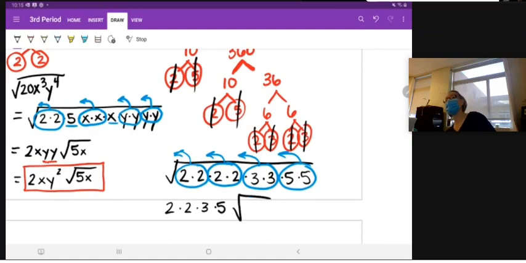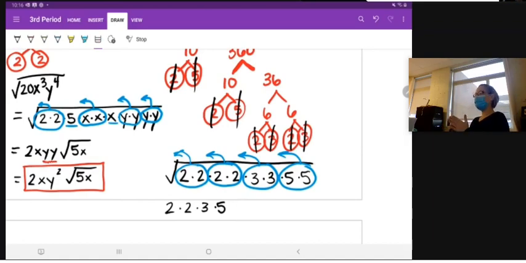And then what's left over in the radical? Absolutely nothing. Technically, there's a 1 in here, like we could pretend you had a times 1. So there'd be a 1 left over, but the square root of 1 is just 1. So that goes away.